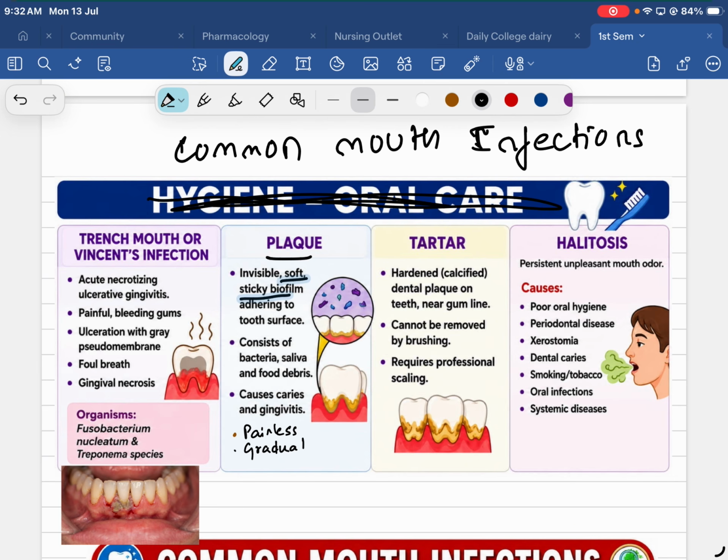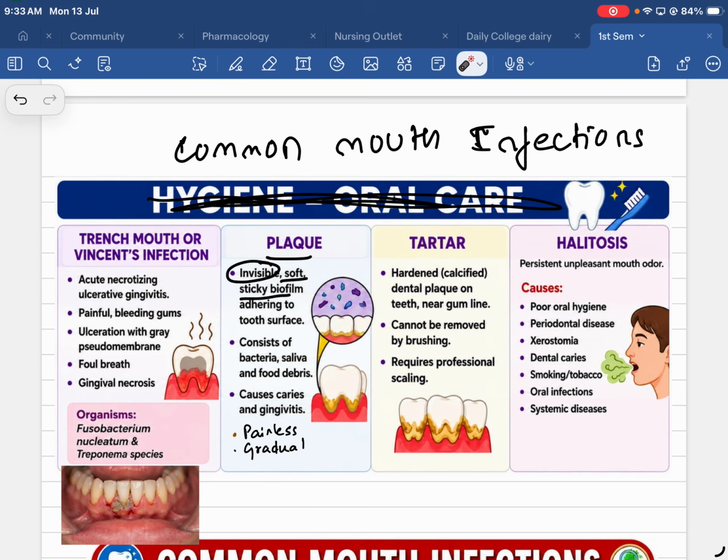If you are not brushing or gargling, then it will stay between the teeth itself. At that time the invisible layer will form. This invisible layer has the ability to cause gingivitis also. Gingivitis means infection and inflammation of the gums. Okay. So that is gingivitis.